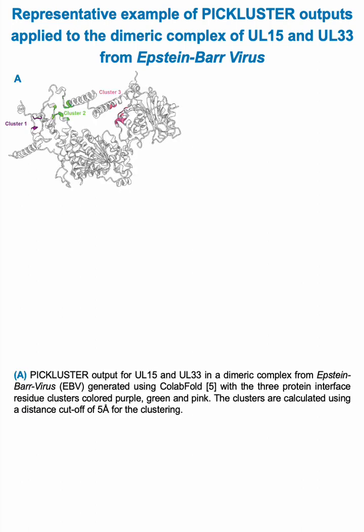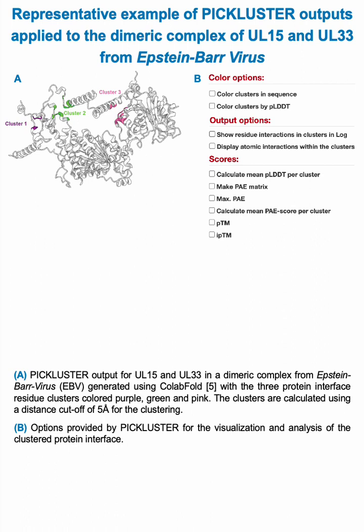When applied, PICKLUSTER calculates 3 clusters in the protein interface that are here colored in purple, green, and pink. The clusters are calculated using a distance cutoff of 5 angstrom for the clustering. This is a list of all options provided by PICKLUSTER for the visualization and analysis of the clustered protein interface in models.